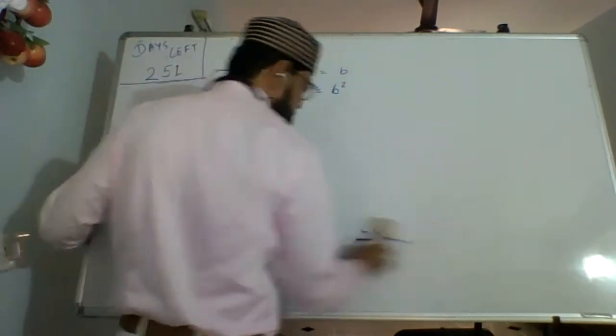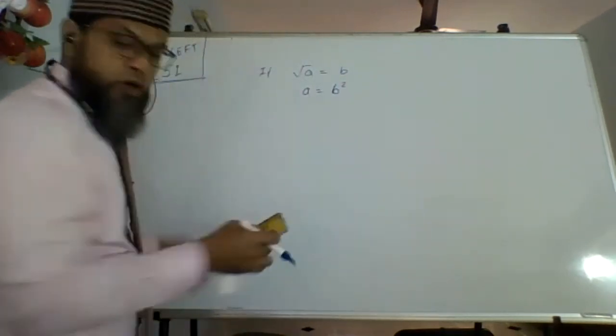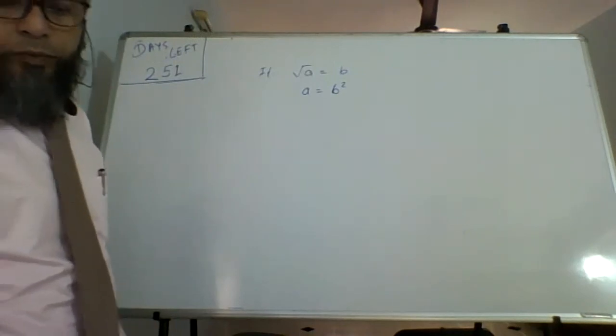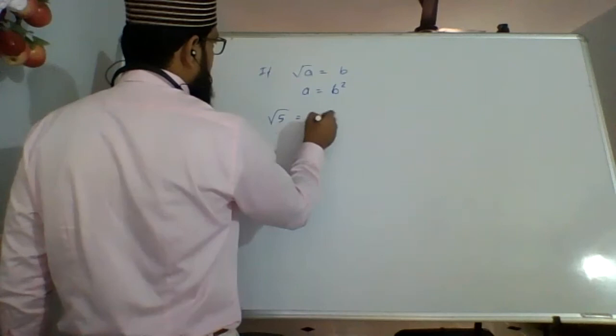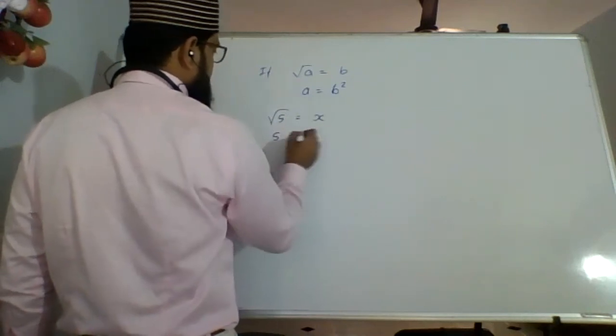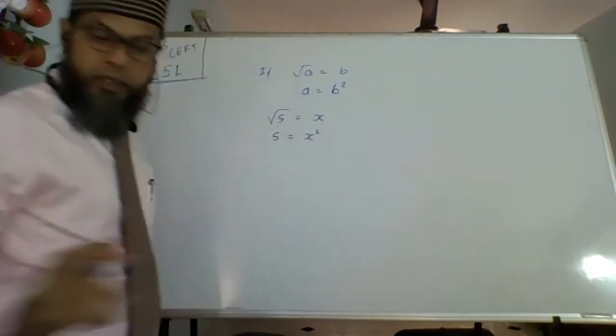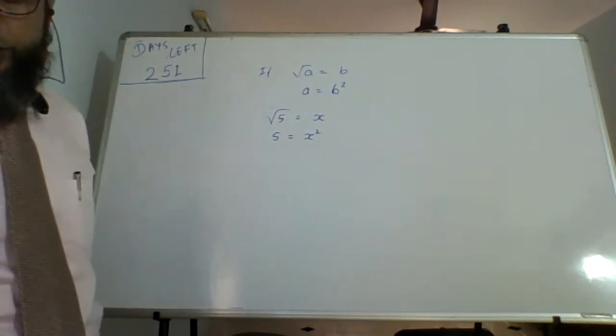That is what is known to us. That is the logic of square roots. So if root 5 equals X, then 5 equals X square.